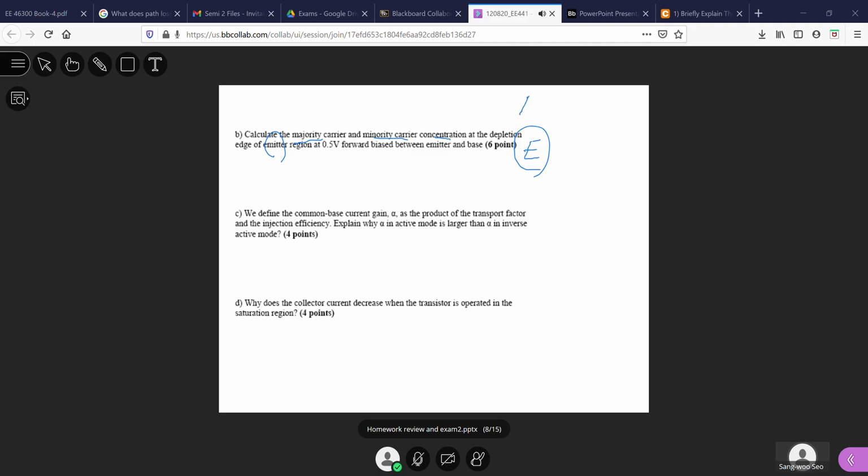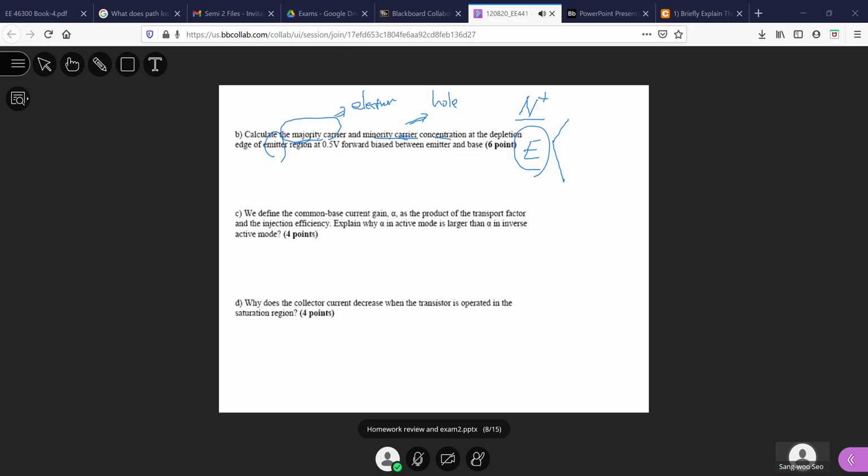The emitter side is N plus doped. So you have to clearly mention that with an N plus emitter, the majority carrier is going to be electron, and the minority carrier is going to be hole. That is the first step.